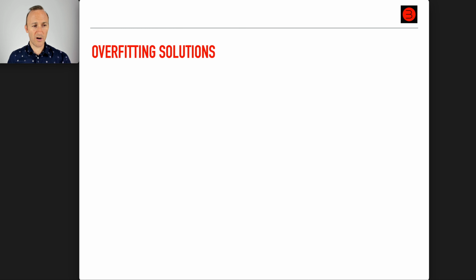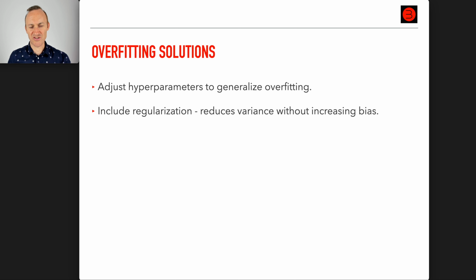So what are the solutions to overfitting? Well, we can adjust hyperparameters. You want to generalize better to new data, I think is the way to say that. And you want to include regularization techniques, which reduce the variance without increasing the bias. So what does that mean? Well, you can reduce the variance by saying, I'm just going to do a regression line, but that may increase the bias.